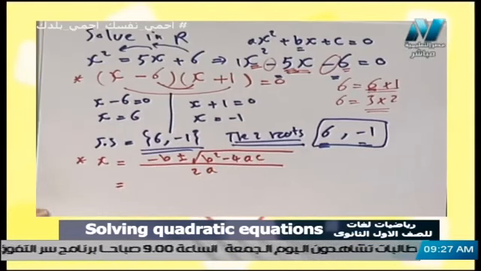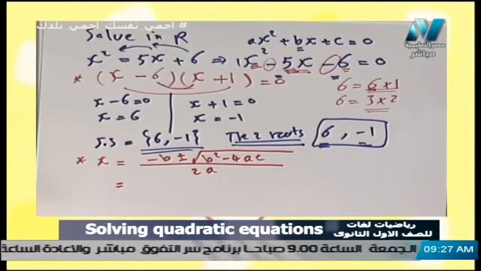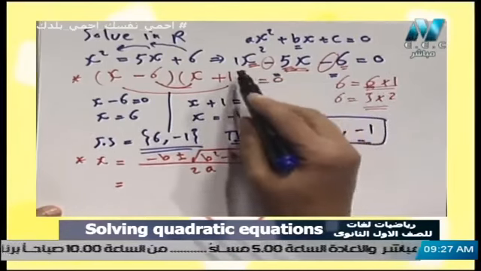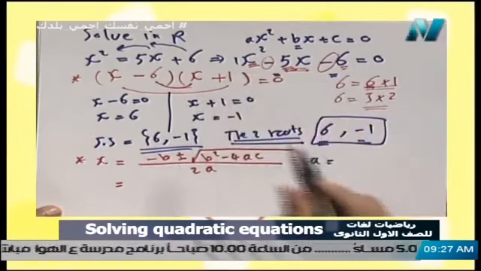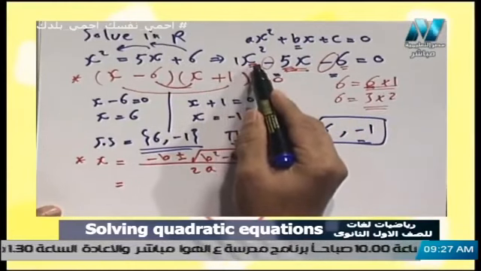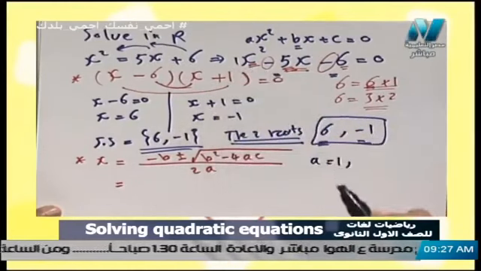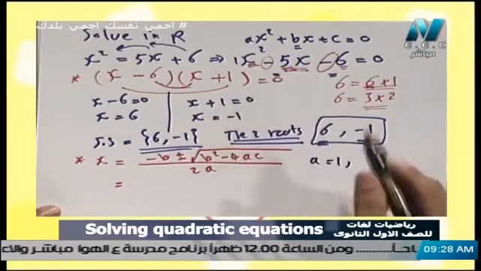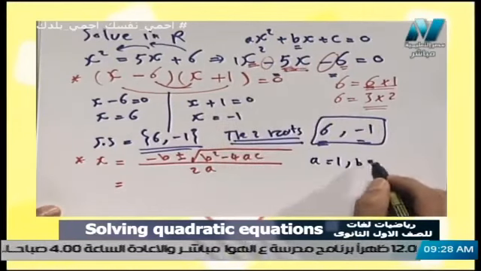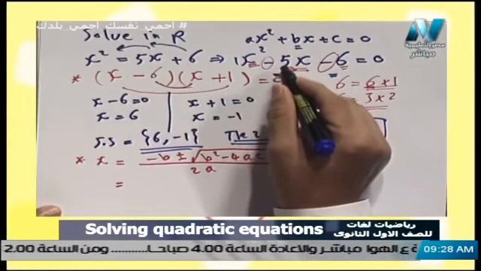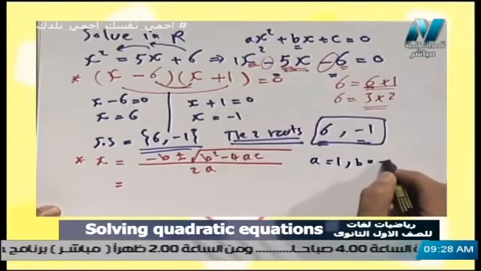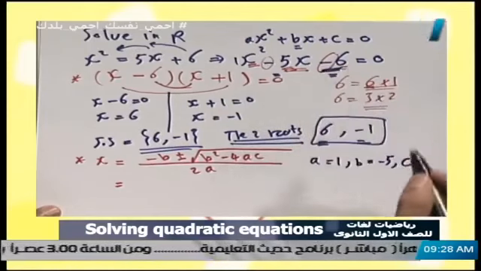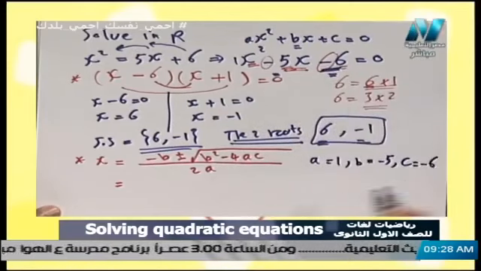By substituting a, b and c, we have a equals 1. 1 is the coefficient of x power 2, so a equals 1, and b is the coefficient of x, so b equals what? Equals negative 5, not 5, equals negative 5 by its sign. And c here is the absolute term, which is negative 6.